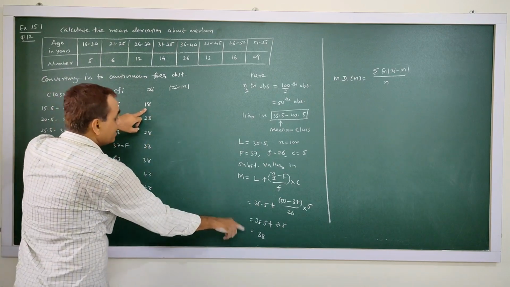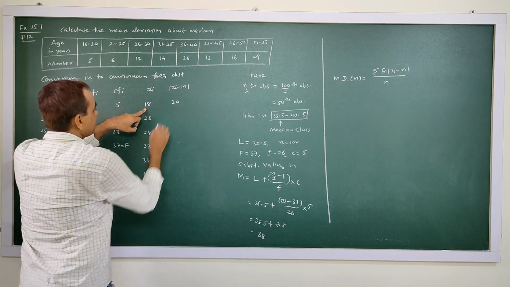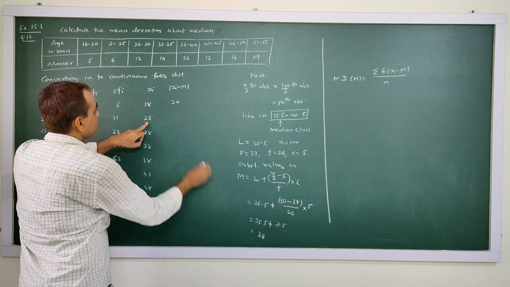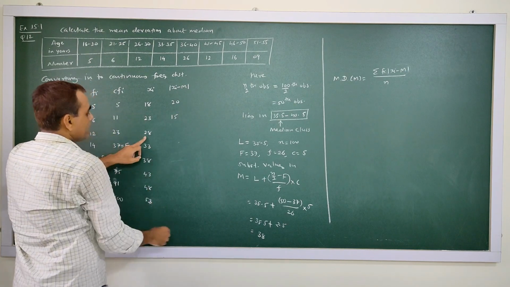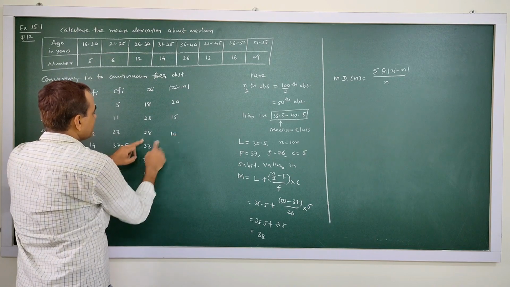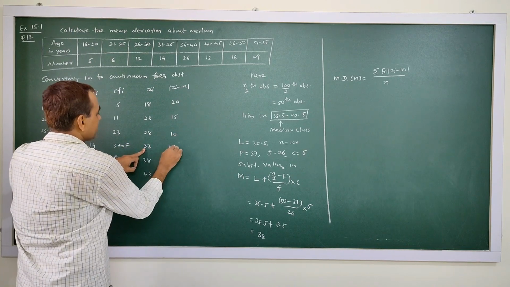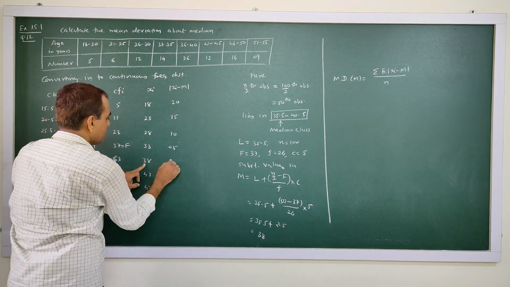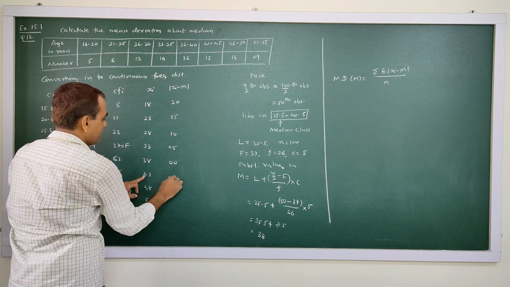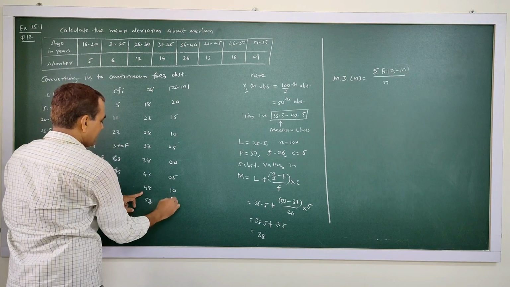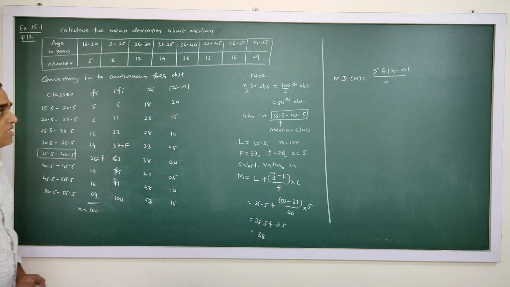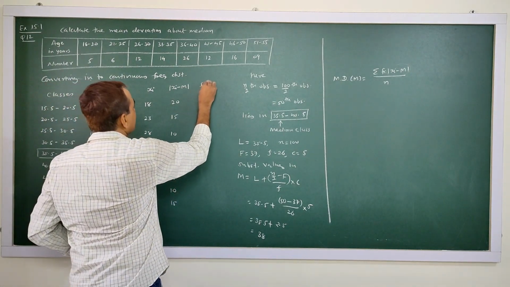So 18 minus 38 is 20, 23 minus 38 is 15, 28 minus 38 is 10, 33 minus 38 is 5. We take the positive difference. This will be 0, this will be 5, this will be 10, this will be 15.